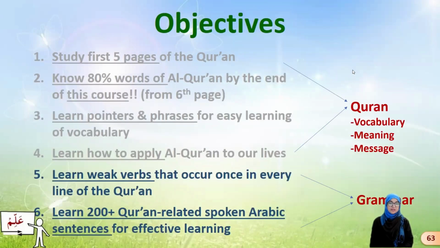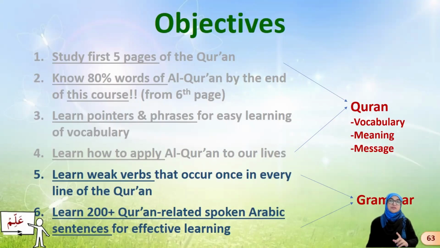The sixth objective is to learn 200 plus Quran-related spoken Arabic sentences for effective learning. In every grammar class, as soon as I teach you a small topic, we do the spoken Arabic dialogue, which will help you learn the language effectively.